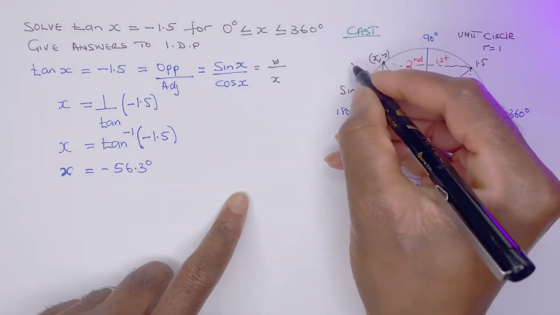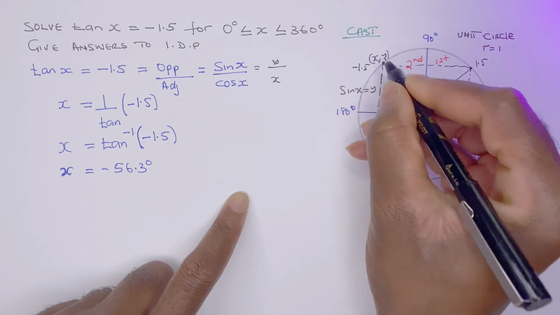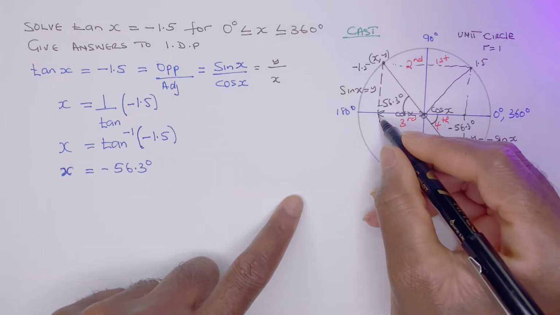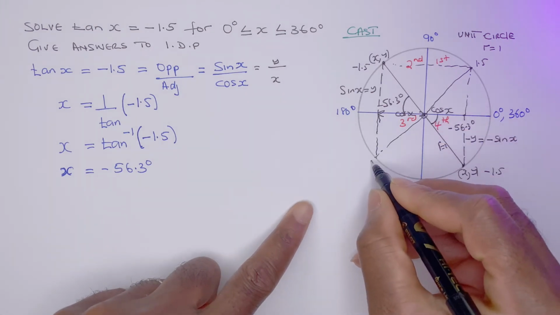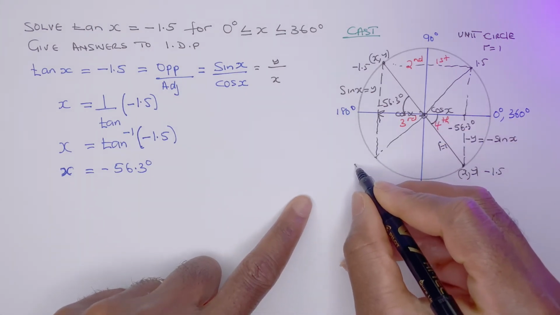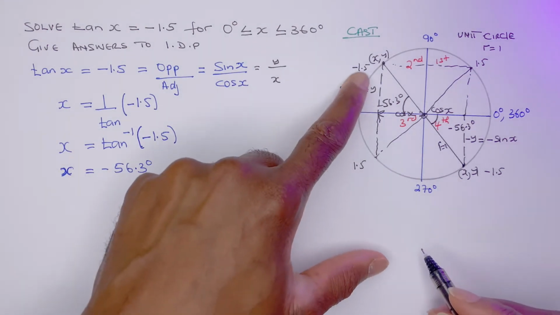And this will be, also for tan, minus 1.5. And if I projected that here, and that there, this will be positive 1.5 for tan. So we're looking for negative 1.5.